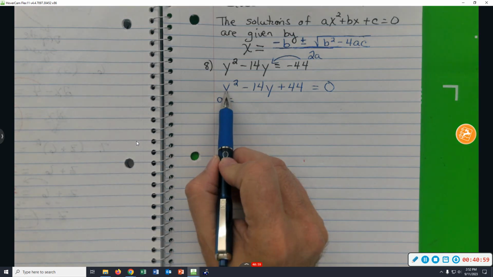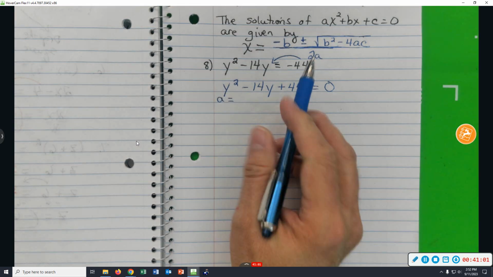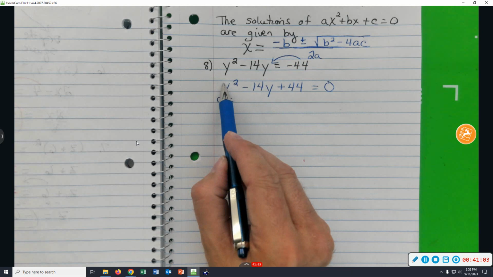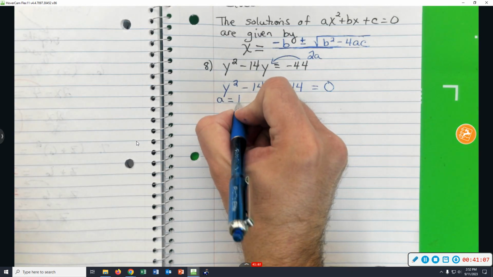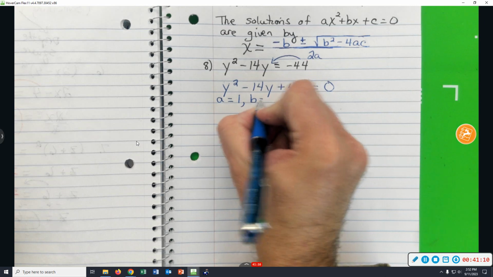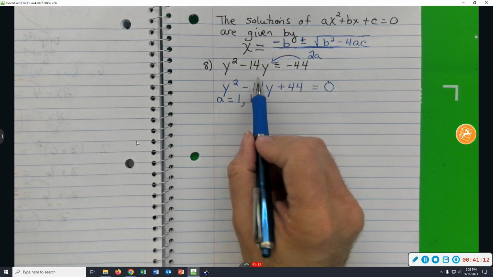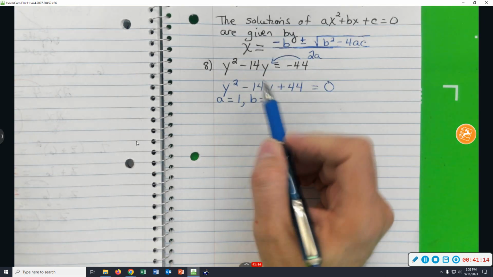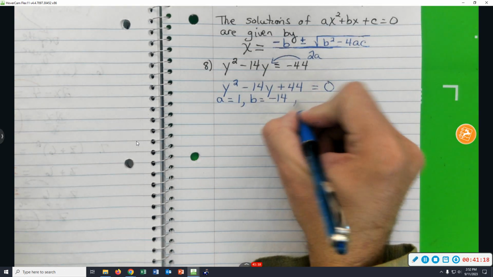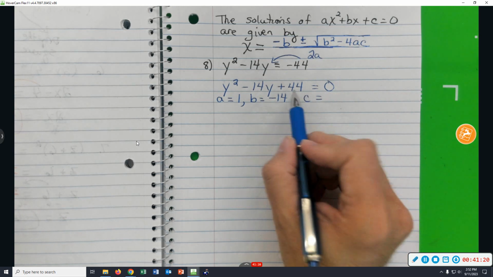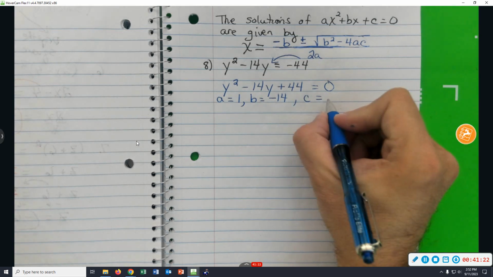What's the coefficient on this y squared there? That's what a is. What number is right here? 1. Okay? Now b, don't just write 14. It's negative 14. Take that sign with it. And c is positive 44.